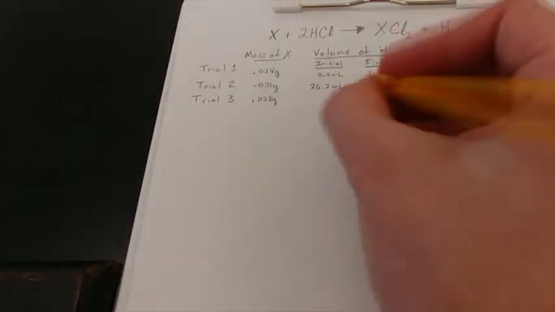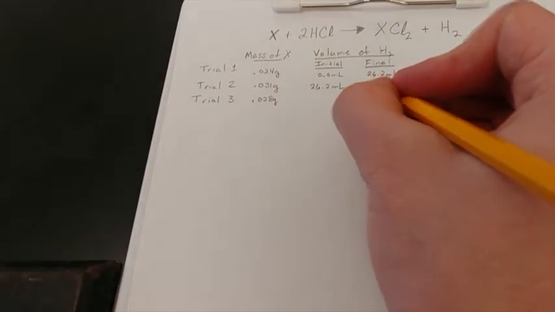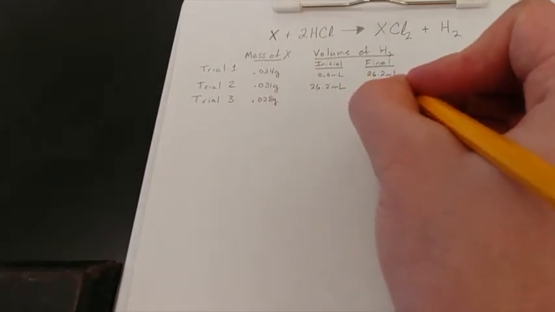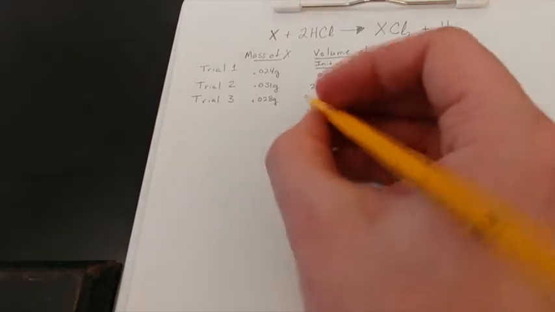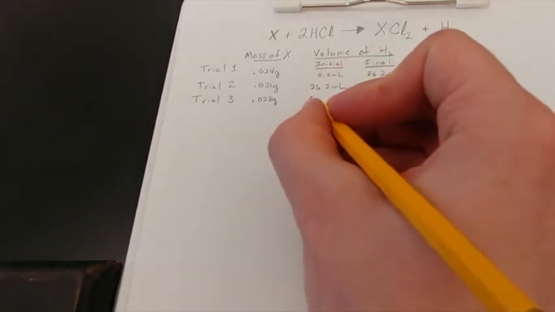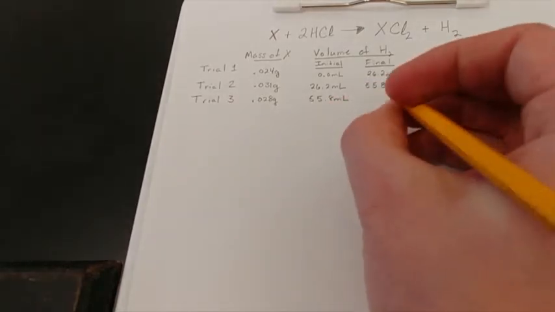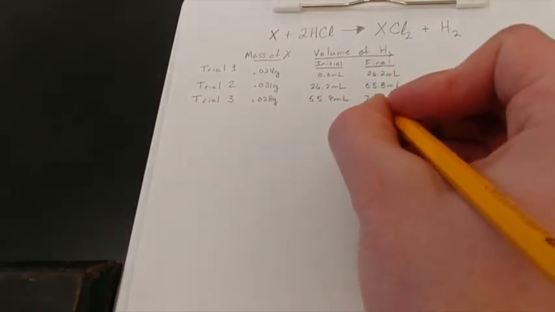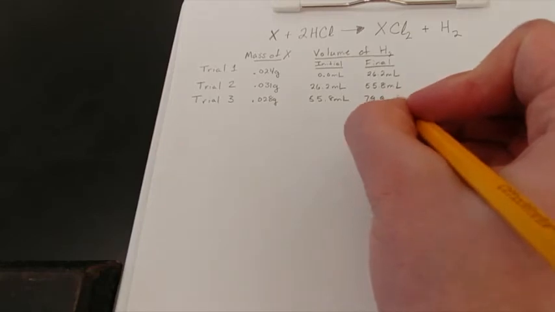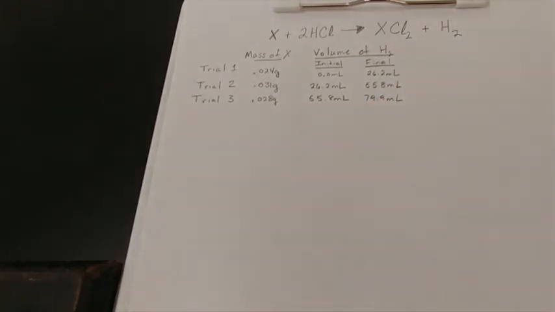I just started from there and I made it to 55.8 mils. And the third trial, I started at the 55.8 and made it to the 79.9 mils.